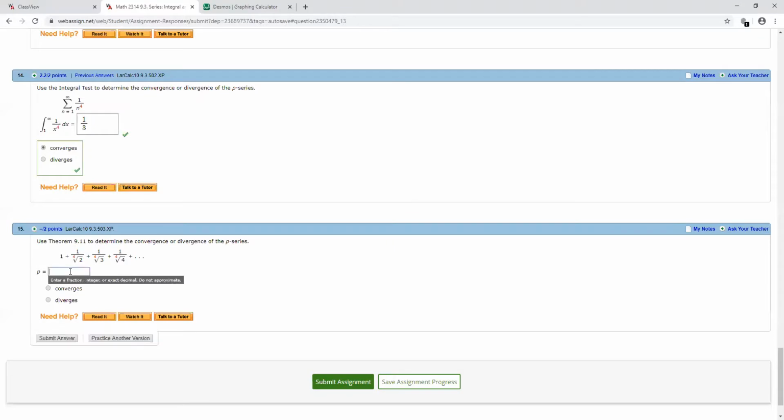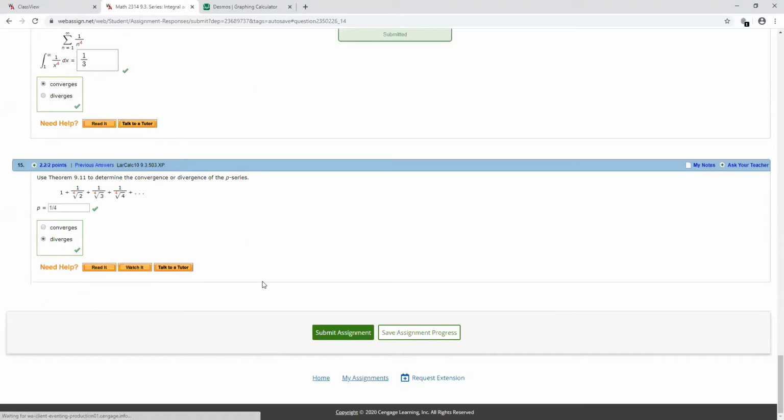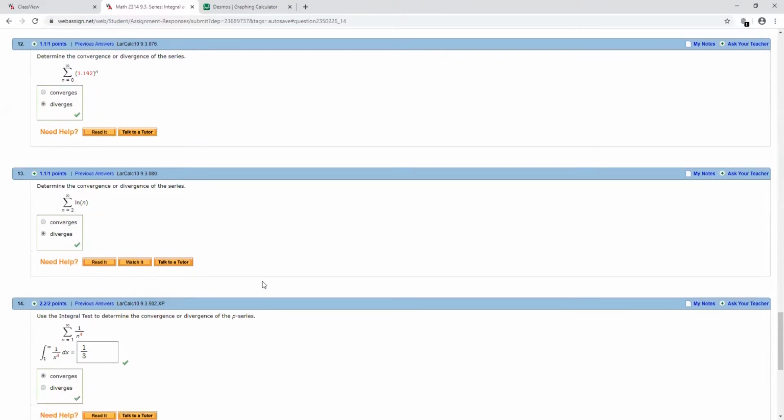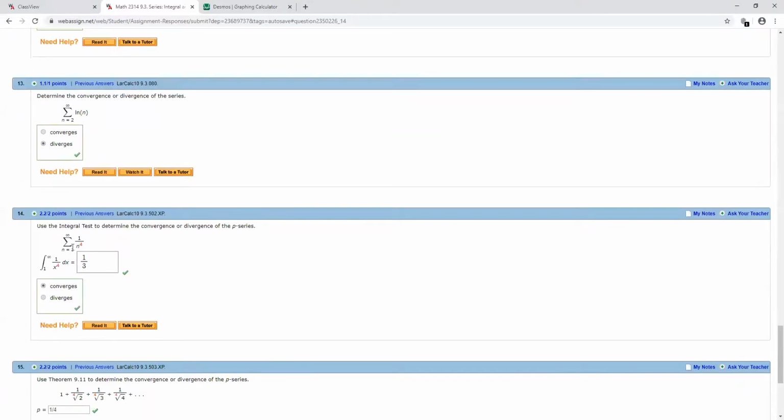So here, p was equal to 1/4, and therefore it diverges. And we're correct. And Denise, again, you're right.